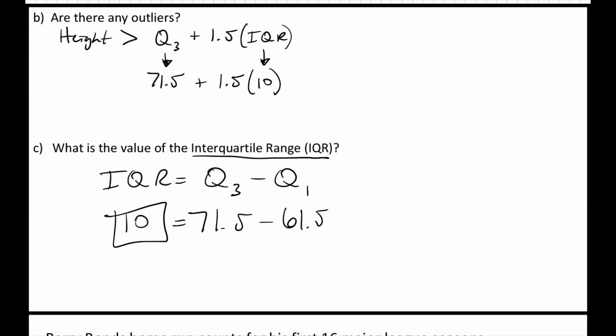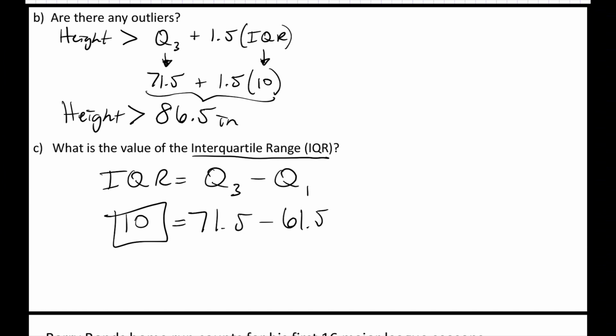So crunch the numbers, multiply and add. What do we get, 80 something? 86.5. That means in this class, to be considered an outlier, you have to be taller than 86.5 inches.